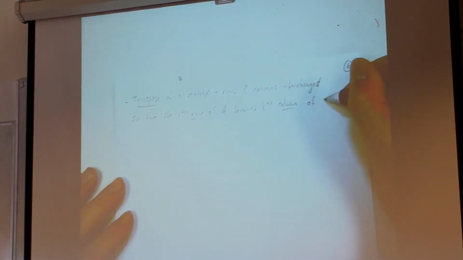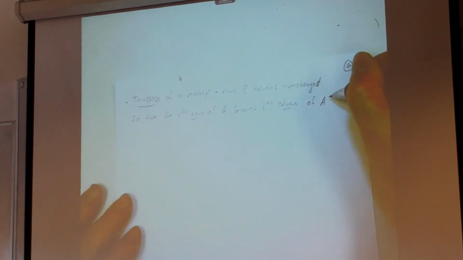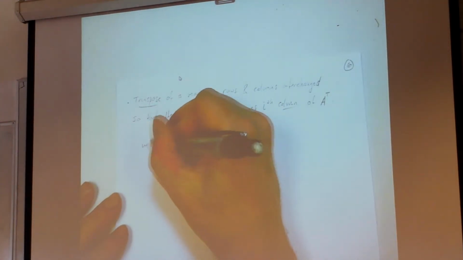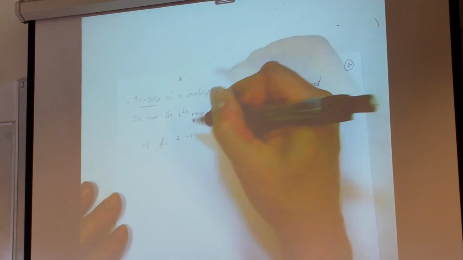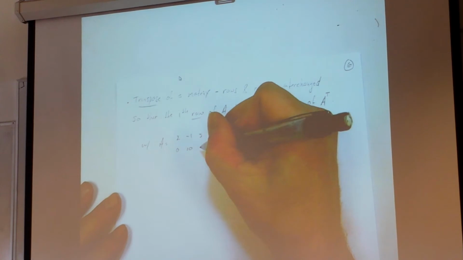The way we do it, for any matrix A, we denote its transpose by A with a superscript T, for transpose.